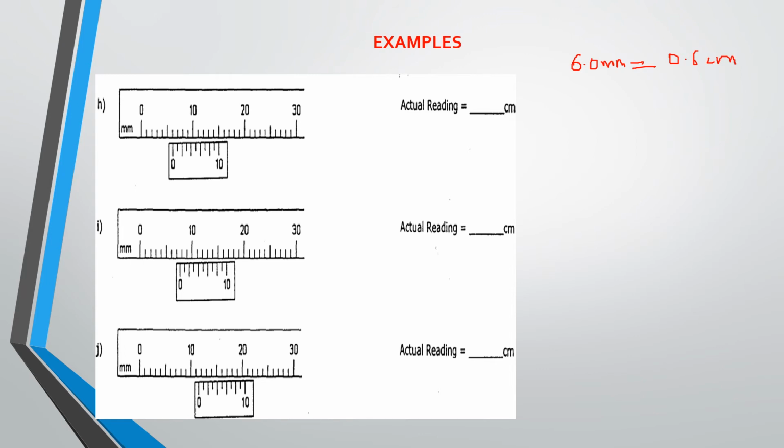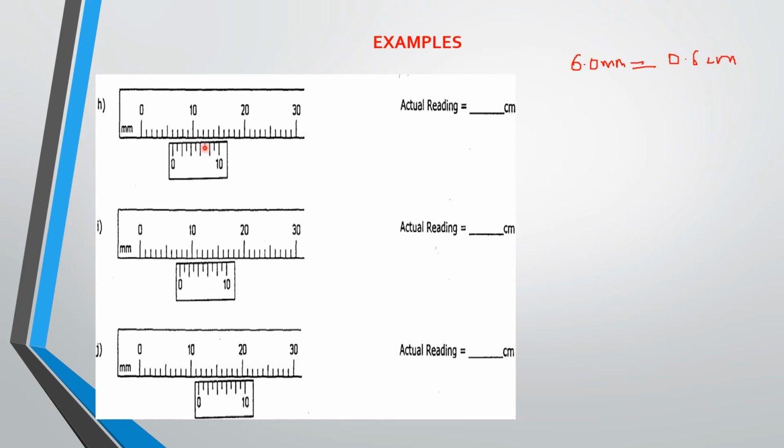Now you come to the Vernier scale. Check the Vernier scale. Look at the reading that coincides with a mark on the main scale. If you avoid error due to parallax, you will see that the only reading that corresponds is this 0. There's no other reading that corresponds.